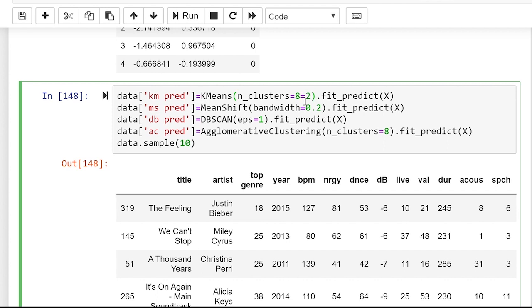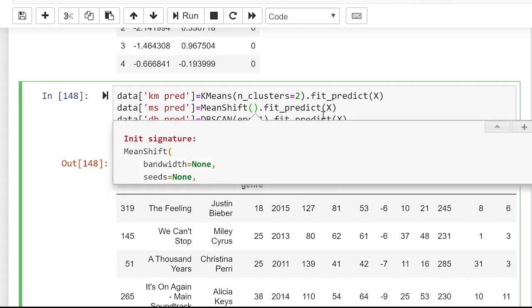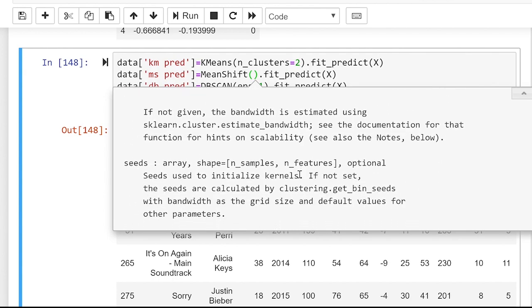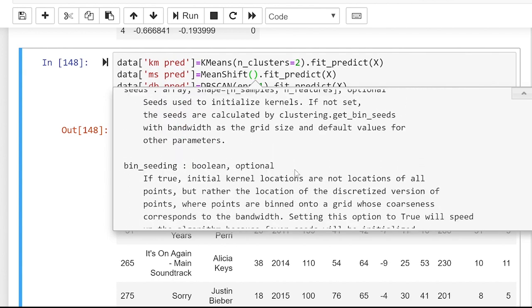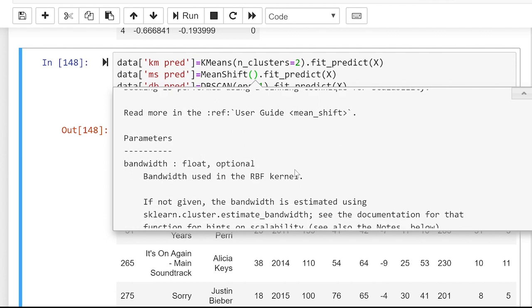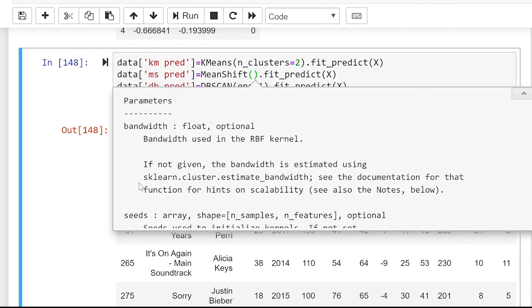So let's say number of clusters is 2. For bandwidth, I'm just putting a random bandwidth over here. If you don't type anything, it has its own estimator inside, which is here.